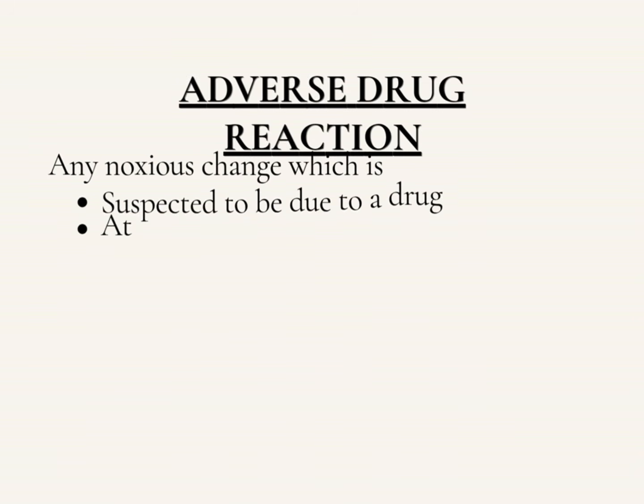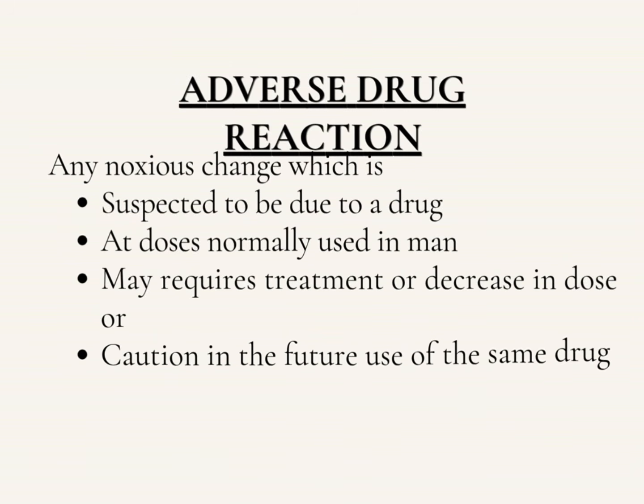Definition of ADR. First, let us understand what an ADR is. An ADR is defined as any harmful or unintended response to a medicine that occurs when it is administered at normal therapeutic doses. Notice that this definition specifically mentions normal doses. This means the patient has taken the medicine correctly but still experiences an unwanted effect.